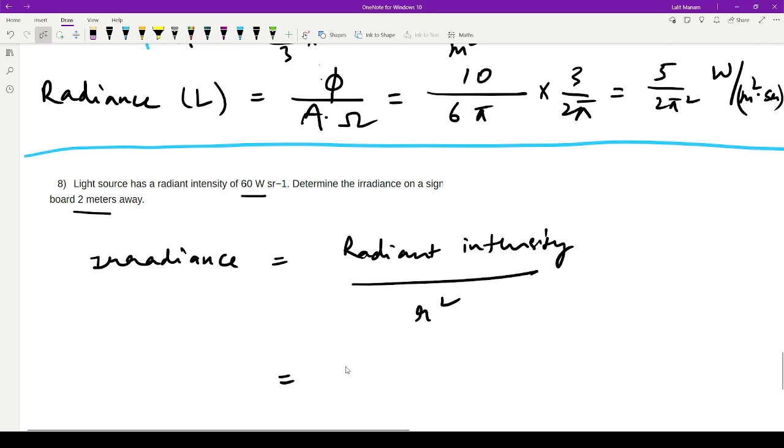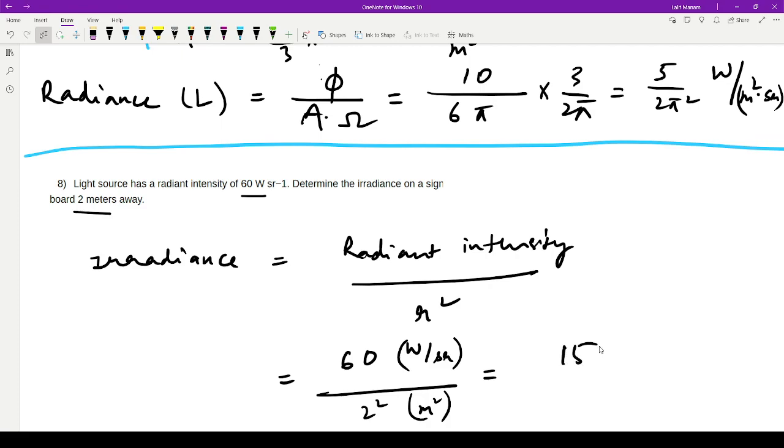So radiant intensity is 60 watts per steradian, and this turns out to be 2 square, which is in meters. So our answer turns out to be 60 by 4 meters, watts per meter square steradian. Is this fine?